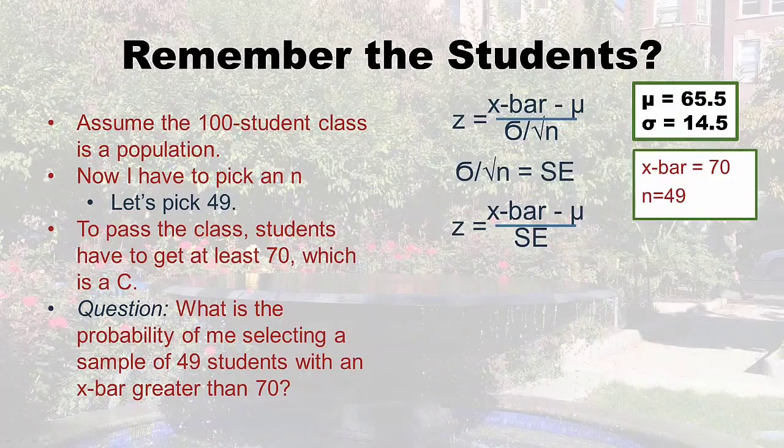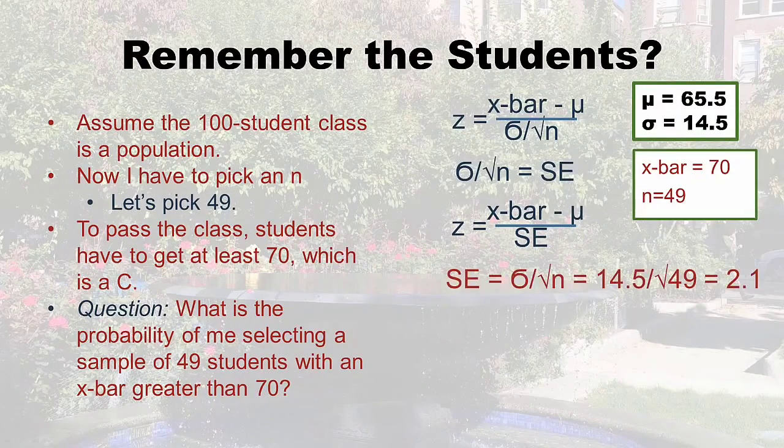So I'm just going to remind you that the equation at the top and the equation at the bottom are the same equation. I'm just using the term SE for the standard error. And I like to calculate that separately, like I told you. So I like to do that first. And how do we do that? Well, the n was 49, right? And the population standard deviation is 14.5.